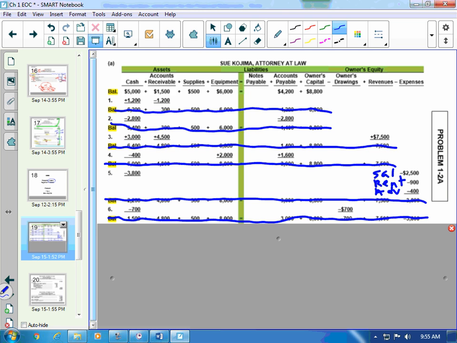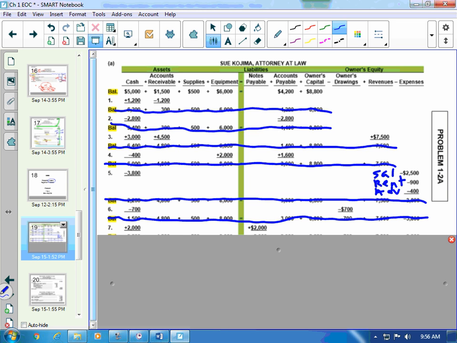Next one. Received $2,000 from the Standard Federal Bank. Let's stop right there. If we receive $2,000, what's happening to cash? It's going up. What else is going up? This is a little bit of a tricky one. We must have knocked on the door: Hello, Standard Federal Bank. We want to take out a loan from you.